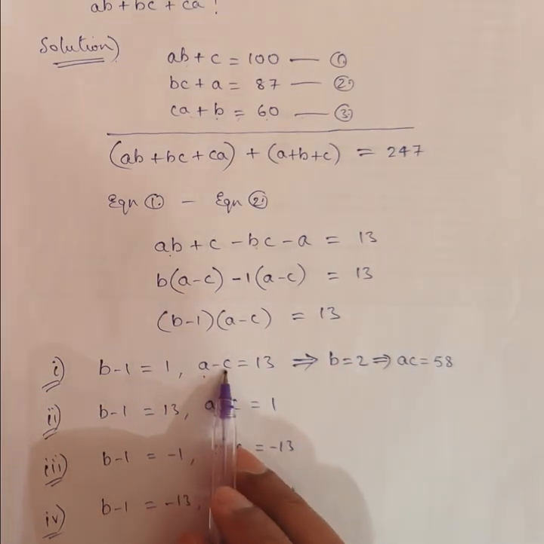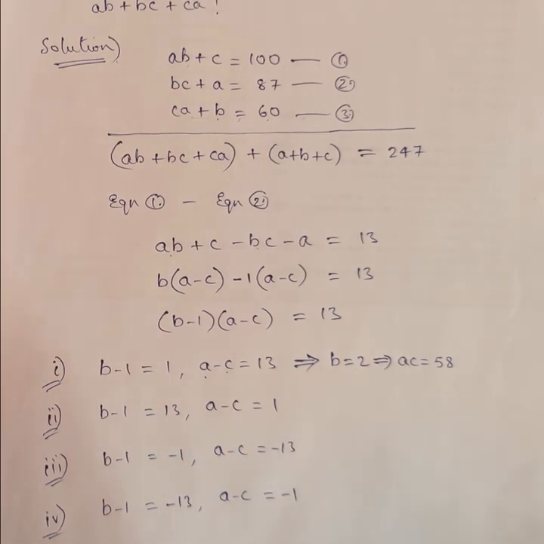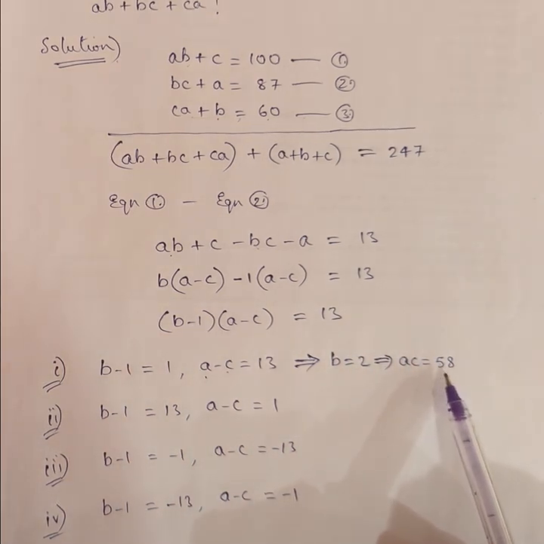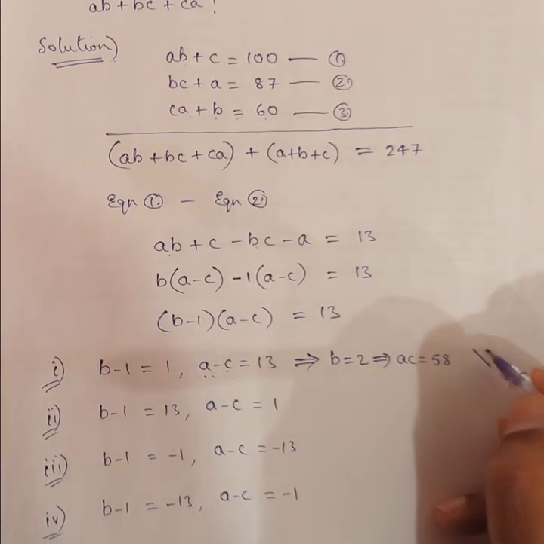And a minus c is 13 and ac is 58. This is not possible for integers because the only way you can get 58 is 2 times 29 or -2 times -29. And they're not 13 apart. So this is ruled out.